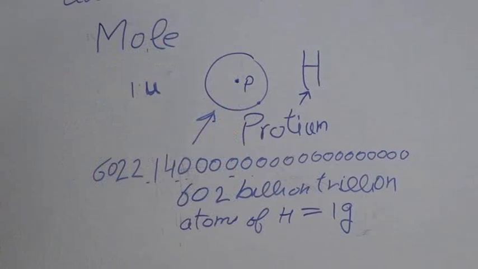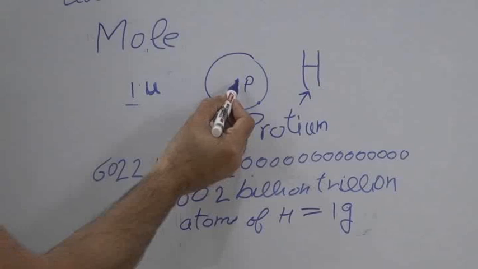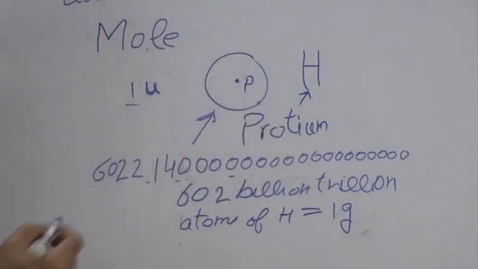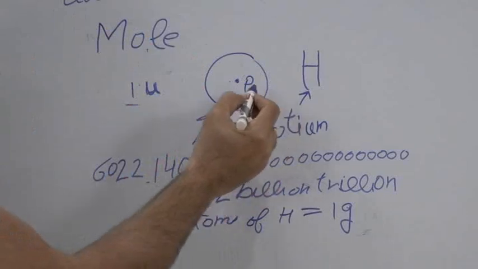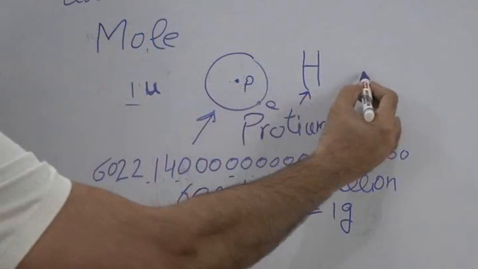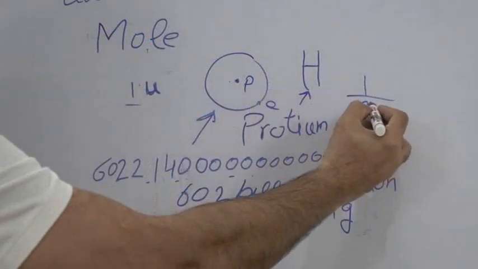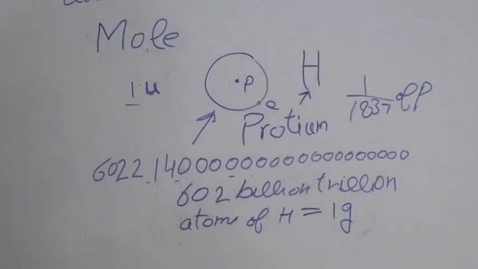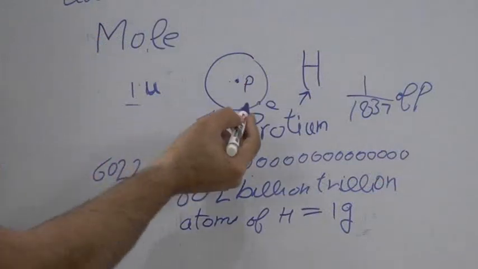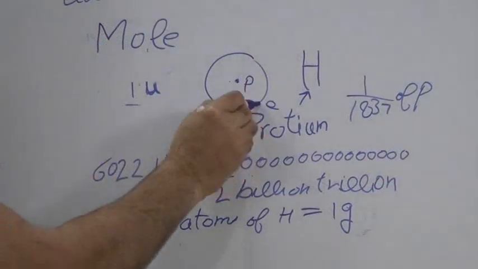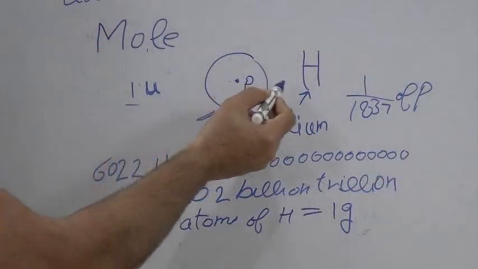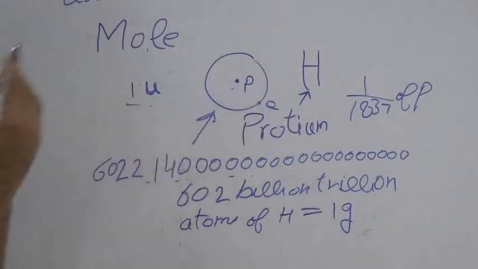Later on I will tell you what is exact. And this contains one proton and one electron. The mass of one electron is very small, therefore, for the time being, we can neglect its mass. So the mass of one hydrogen atom is 1 U.